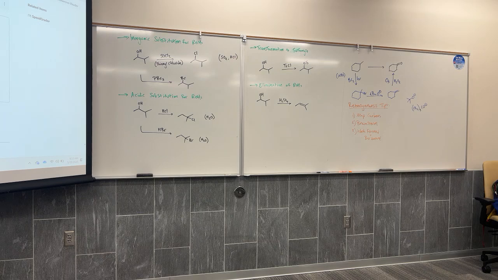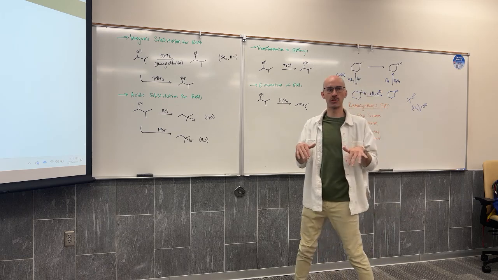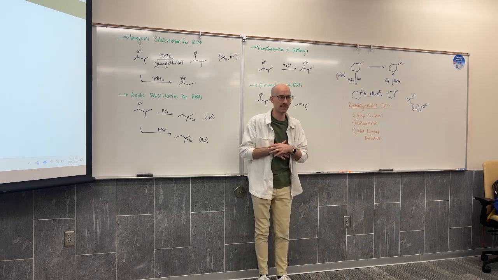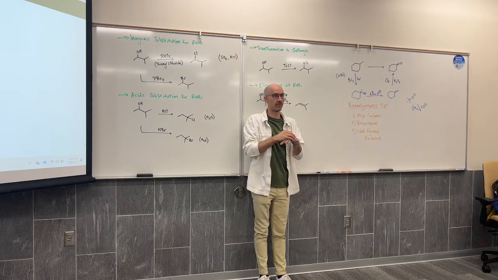Now the other thing I want to talk about is when we come back in tomorrow, we've got a lot to do when it comes to spectroscopy. We're going to try to cover all of our major types of spectroscopy, but because it's not going to be a huge part of your grade in this class, we're going to kind of glide over some of the details.